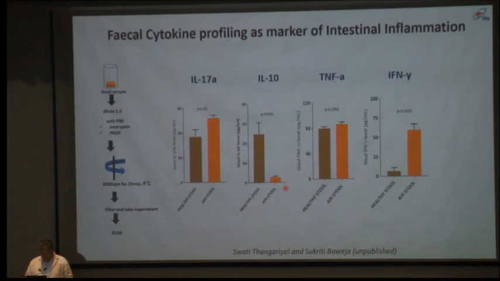This slide I've taken from Dr. Sukriti, and they were performing some experiments on autoimmune hepatitis stool samples, and they also found that IL-17 was increased, though not very significantly, but IL-10 was definitely suppressed, matching the results that were found in the previous study. IFN gamma, on the other hand, was significantly increased.